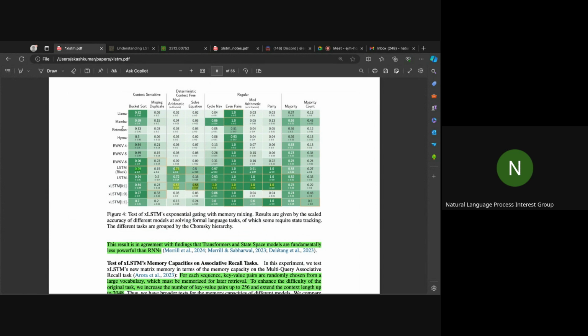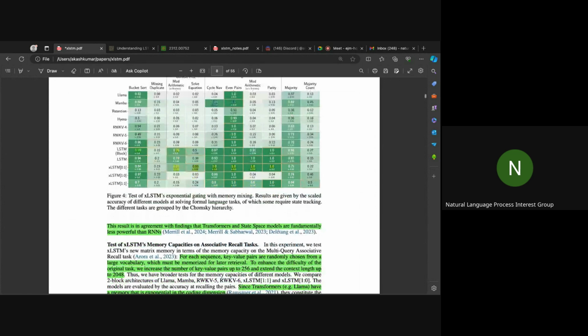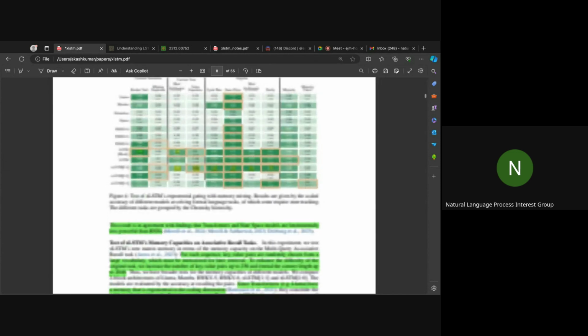Another interesting thing is the Mamba architecture. Mamba does well on the even pairs task and the cycle navigation, but again, the sLSTM block has much more control over its memory, and since it's sequential in nature, it is able to perform very well in these tasks.